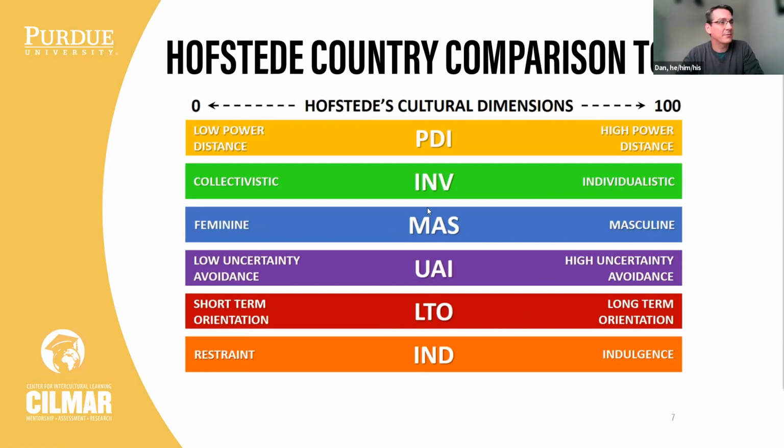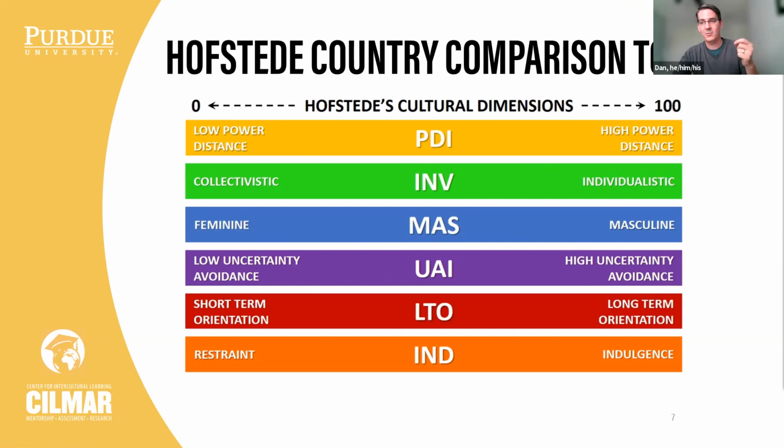It's important to recognize that this is a spectrum or a scale from 0 to 100. Anytime we use a tool like this, it's important that not only do we understand this, but if we're going to be using it with our students, that they recognize that these are generalizations.